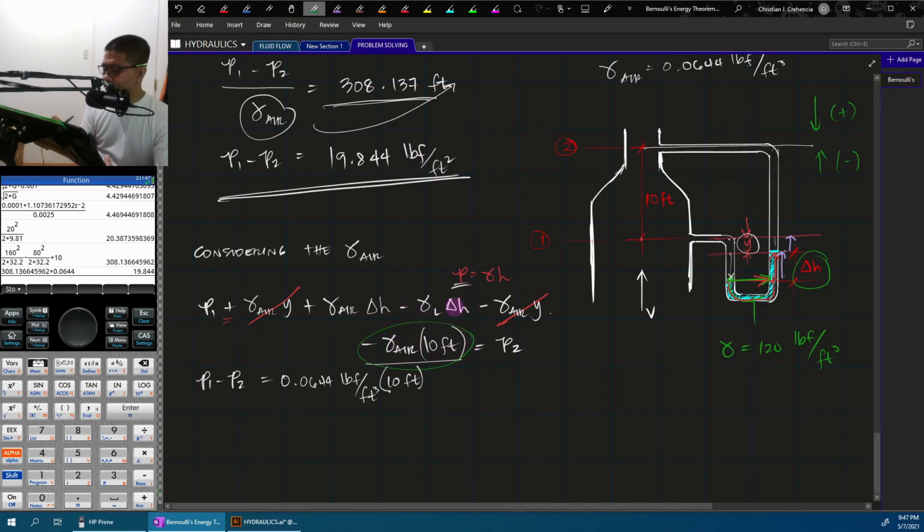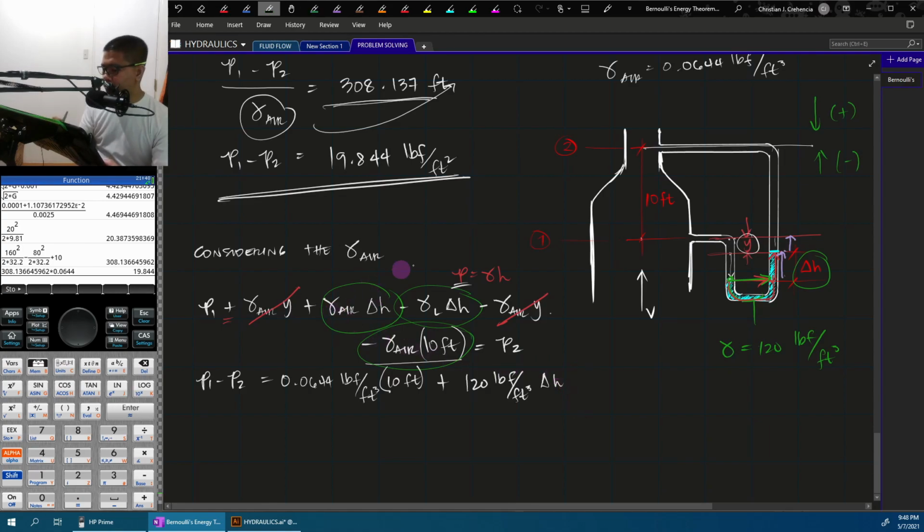Then, this one, i-transpose natin sa kabilang side. So, magiging plus unit weight ng liquid, 120 pound force per cubic foot times delta H. Okay? And then, i-transpose din natin to. That's the unit weight ng air.